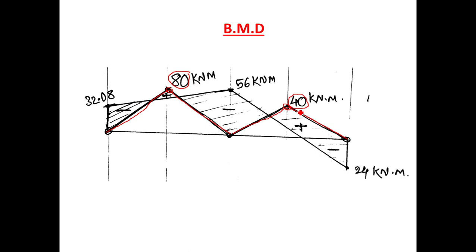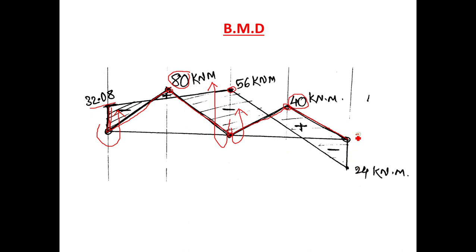Now we have to plot the negative bending moment diagram. MAB is 32.08, which we calculated, and its answer is positive, that is anti-clockwise. Anti-clockwise means you have to plot it upward, so it is above the line, 32.08. Then at B, B to A is clockwise moment and B to C is anti-clockwise moment, so it plots upward in both cases. The maximum value is 56, this is the ordinate.